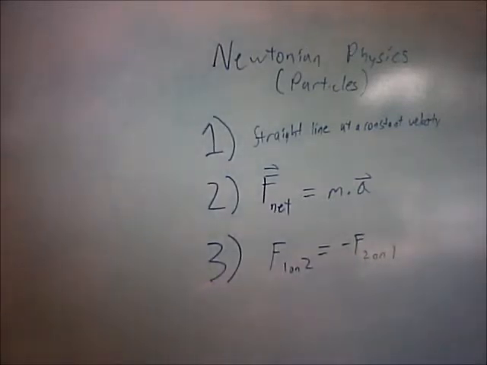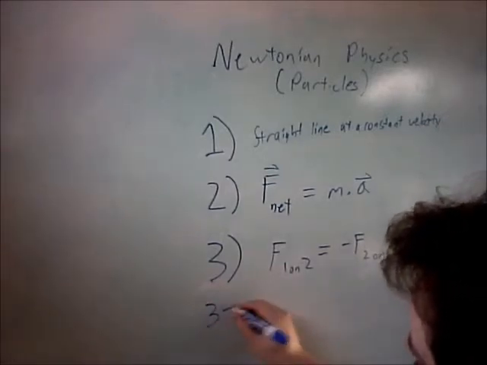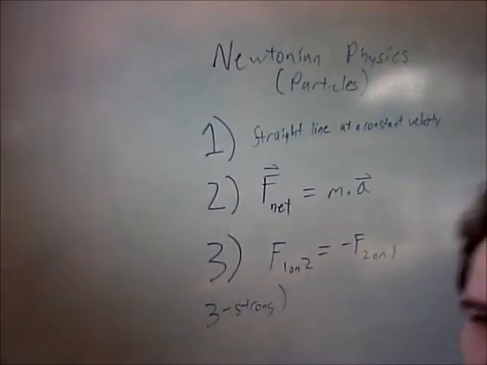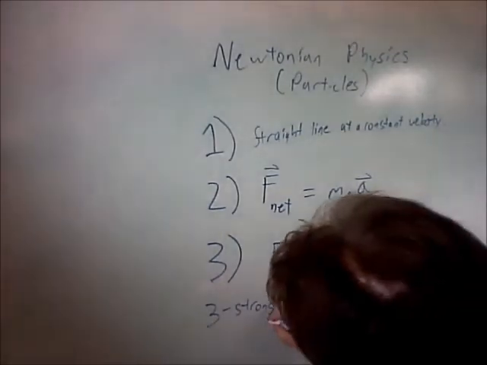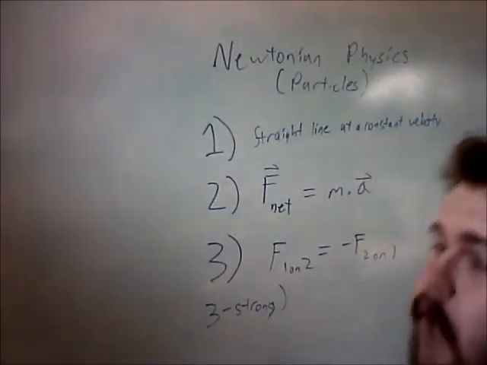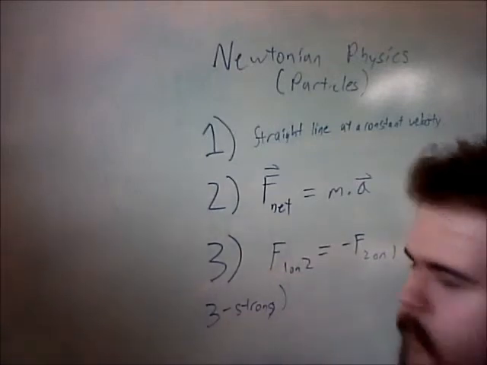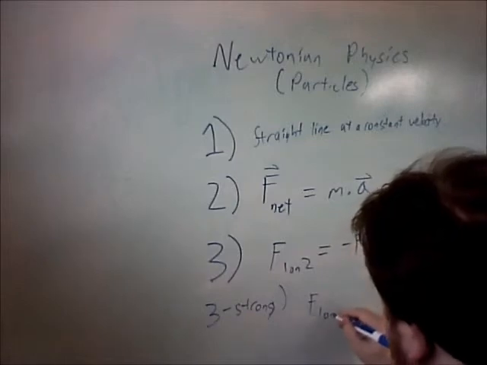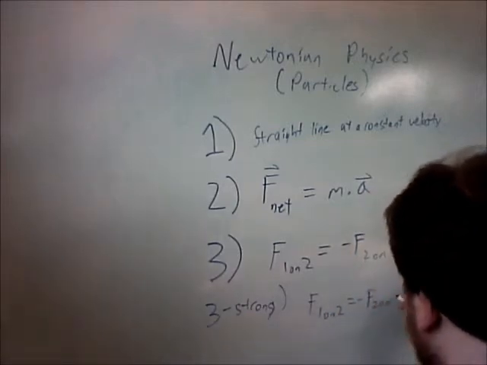Now, there's an additional law, which we'll call Newton's third law strong. Newton's third law, the strong form, is what guarantees conservation of angular momentum. Now, not all forces obey Newton's third law in the strong form. Newton's third law in the strong form says F of 1 on 2 equals minus F of 2 on 1.